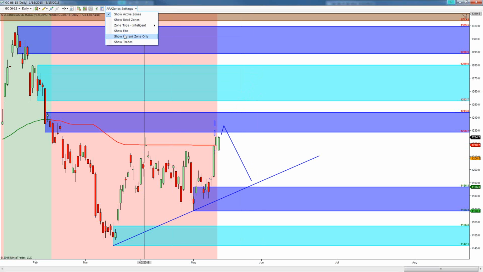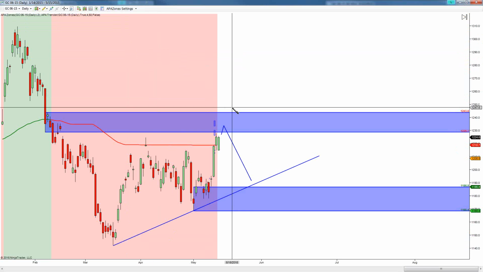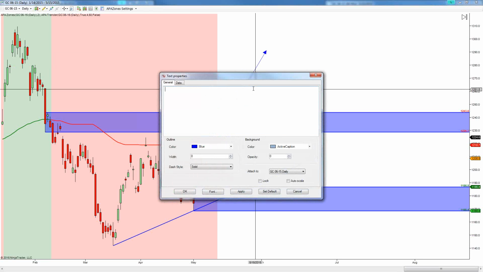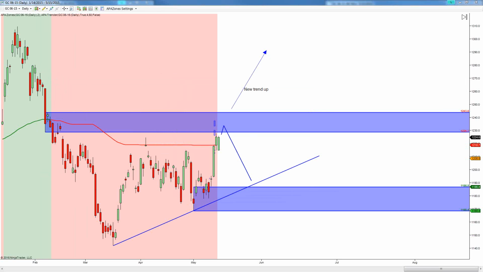Let me do some coloring. We'll say that if it goes above, it's a new trend up, and then we will also do this to the downside here.